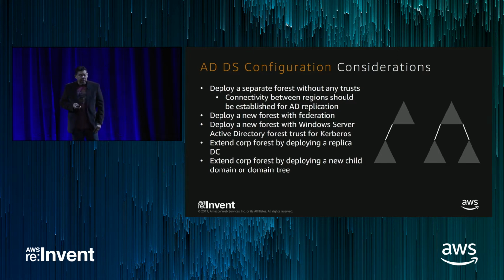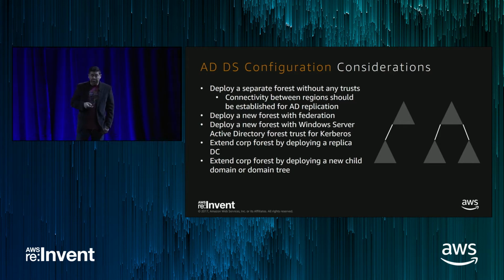There are multiple ways to deploy domain services as well within AWS. You can deploy a separate forest without any trust. Again, connectivity between regions should be established, so that means setting up an IPsec tunnel and ensuring that AD replication is taking place across those domain controllers, and we'll show you an example of that in the demo we have lined up for you after we cover these slides.